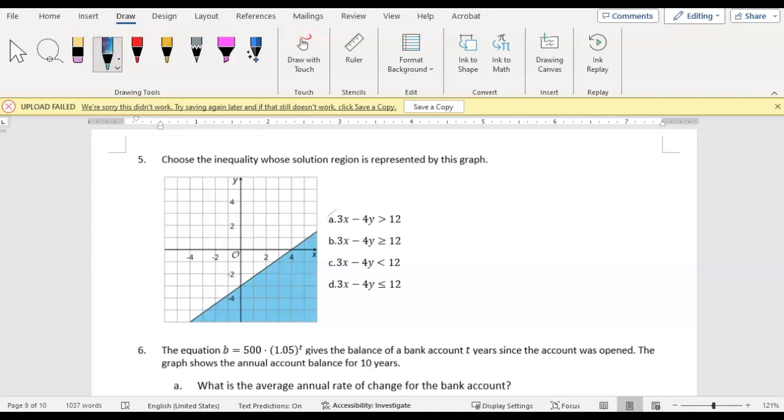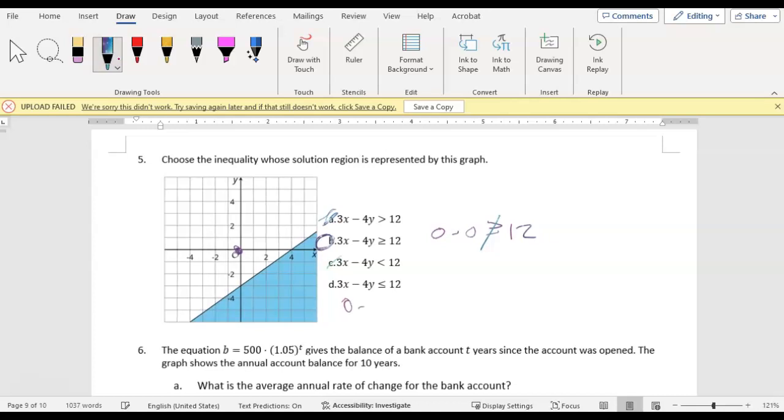So that means it has to be B or D. We can eliminate A and C. And then we can test a point. 0, 0 is the easiest point to test, and it is not part of the solution set because it's not shaded in. So if I plug in 0, 0 here, I would get 0 minus 0 is greater than or equal to 12. Well, that is not true, and we also want it to not be true here because this is not the shaded area. So B is actually going to be our best solution.